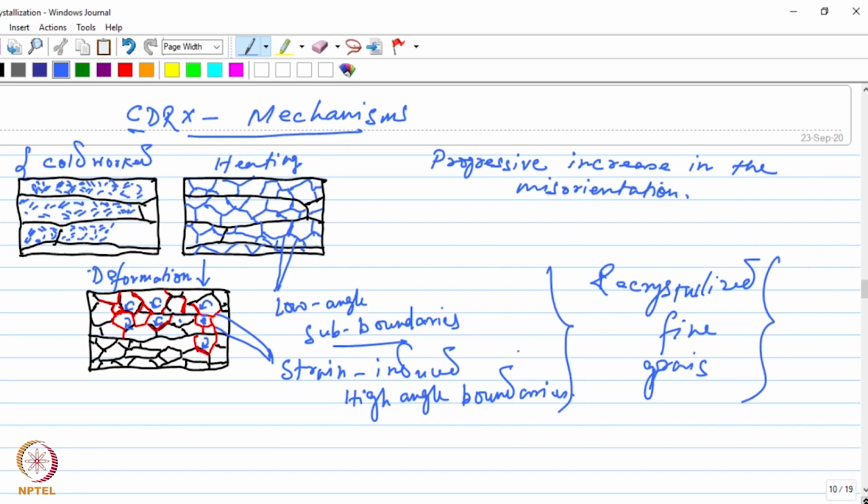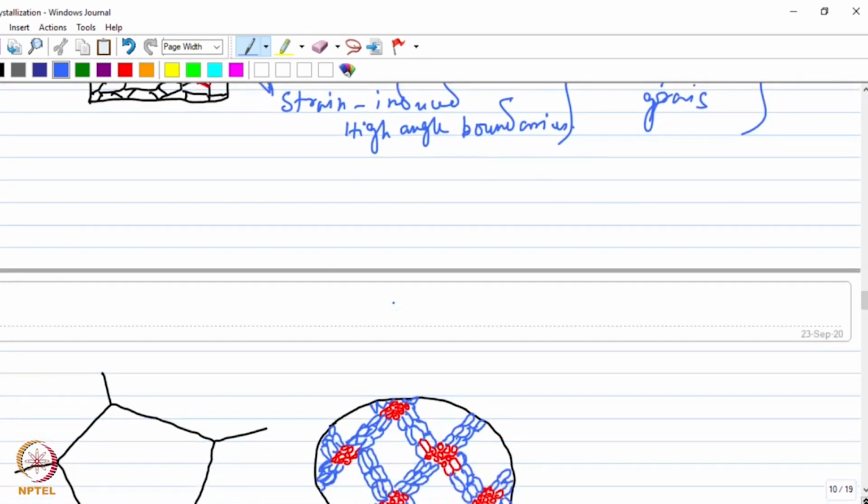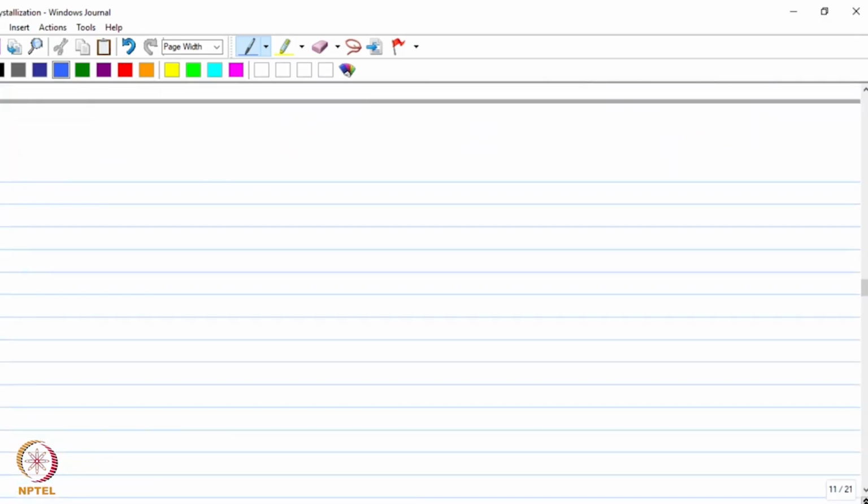So now, going forward on this particular topic, CDRX, we will also see some other mechanism by which this can happen. Okay. So this one that we are going to discuss happens by progressive lattice rotation near grain boundaries.